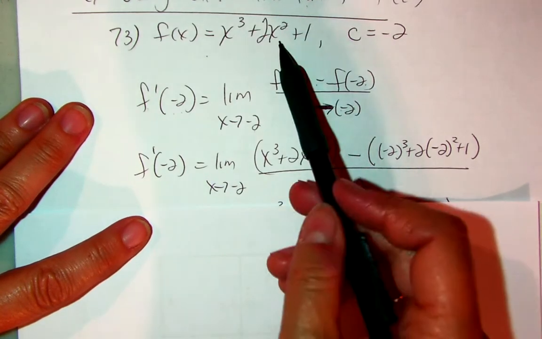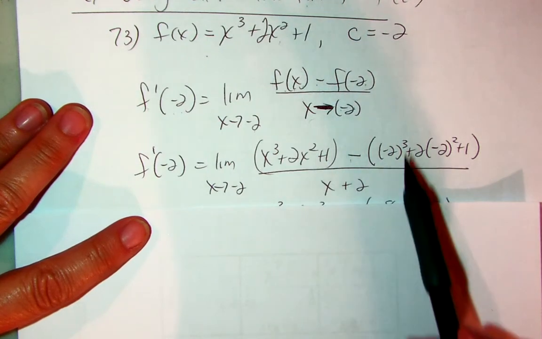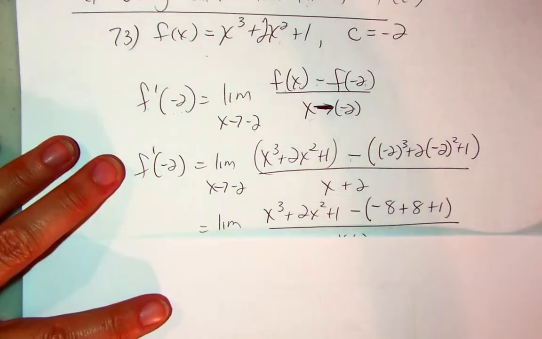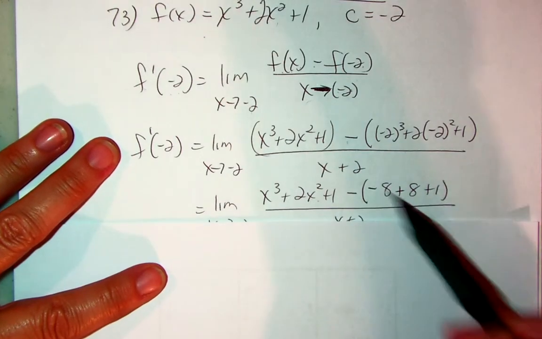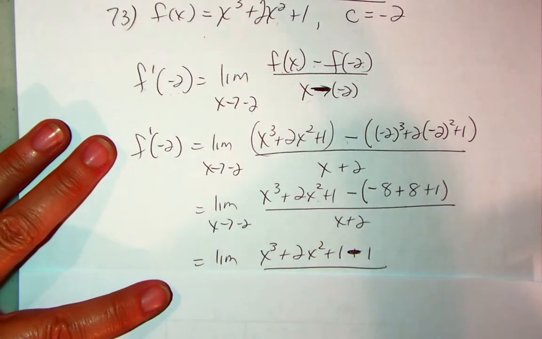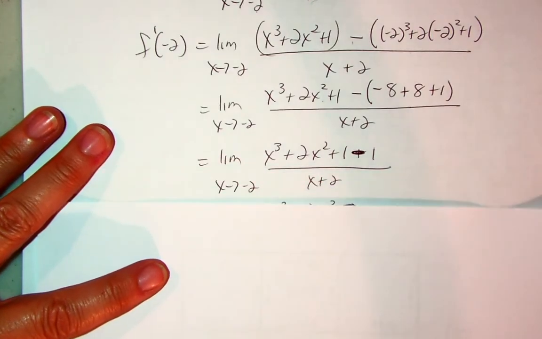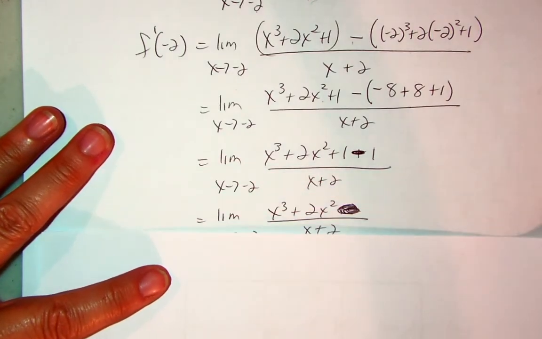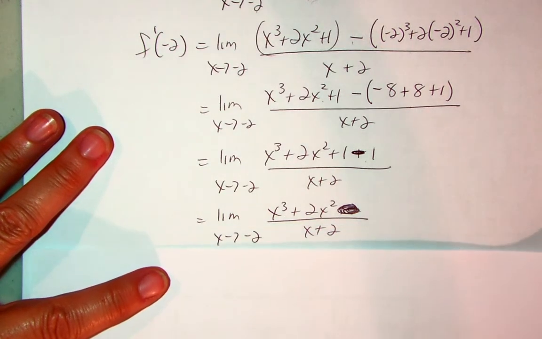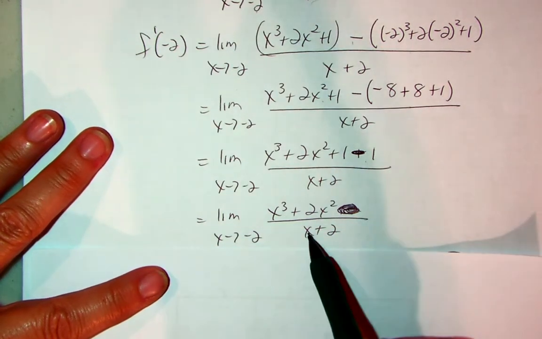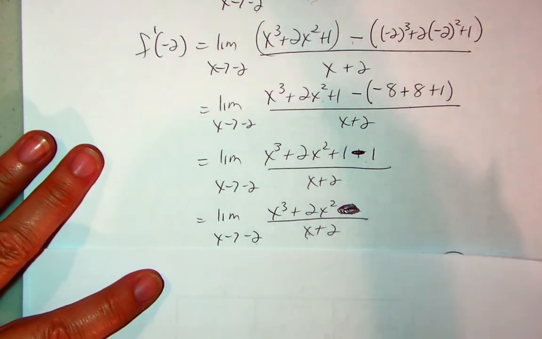I took f of x just the way it was, subtract, now put in -2 wherever I see an x. I did this math and continued to clean it up. And so +1 and -1 is gone. Again, I cannot find this limit right now because if I put in -2, it'll be 0. So I need that factor of x plus 2 to go away.